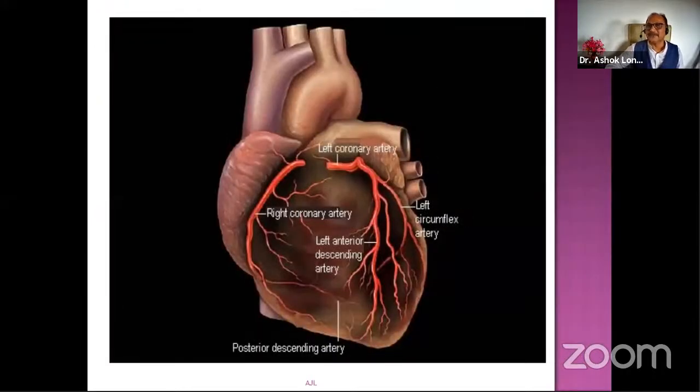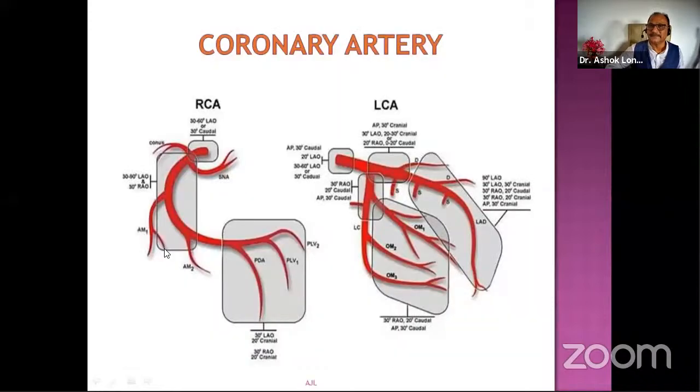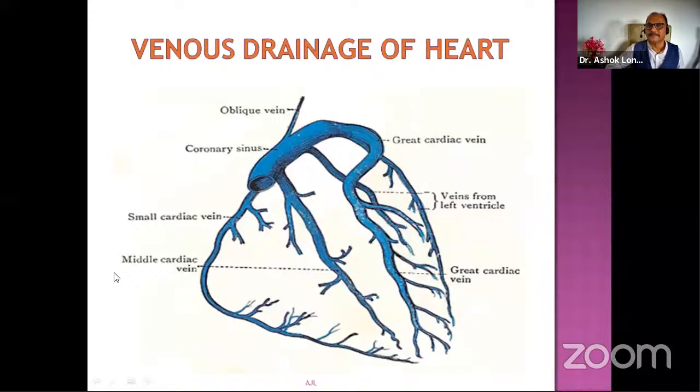So this is a picture where you can see how the coronary artery comes from here, one on the left side and one on the right side, and these are the branches. This is just to show how much area of the heart musculature is supplied.